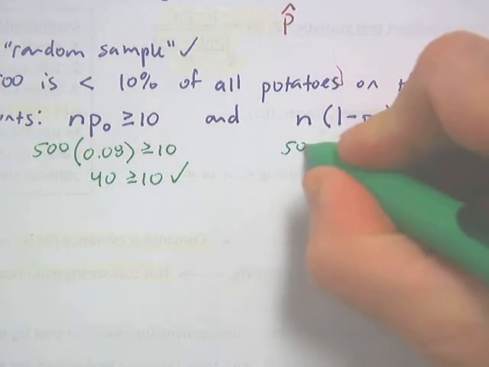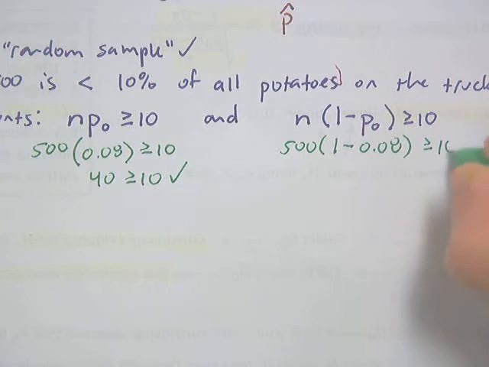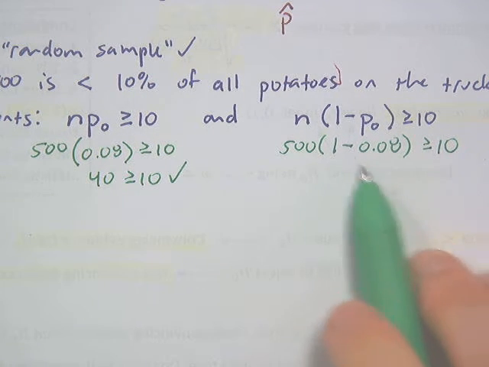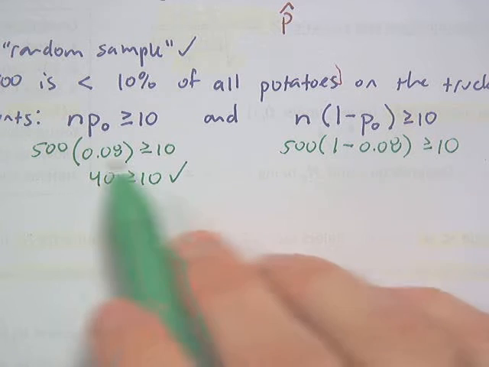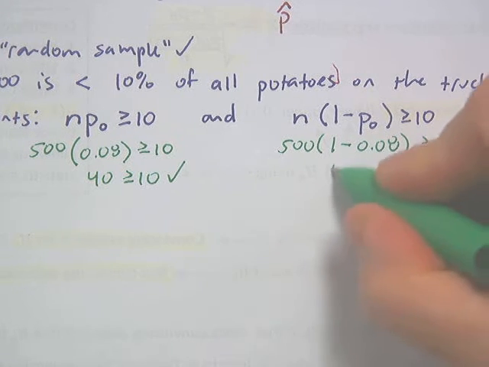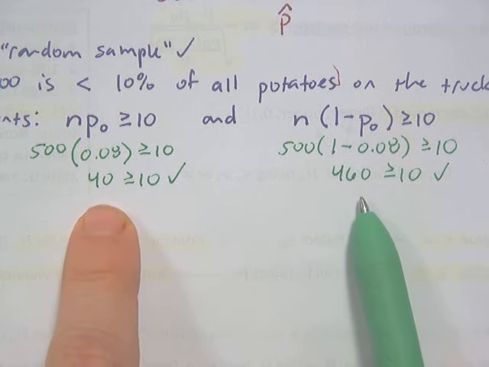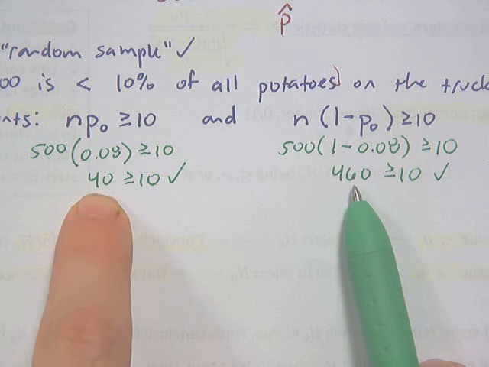Over here, it's 500 times 1 minus 0.08, or there are some of you in here that are sharp enough to know that that's the same thing as 0.92. If 8% is over here, 92% is over here. But if that just blows your mind, that's okay. Just plug it into the formula that you have. That's 460.